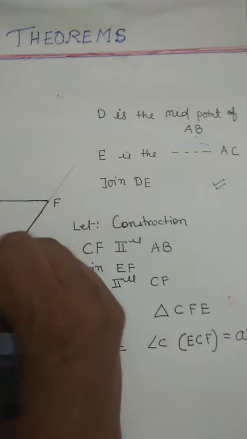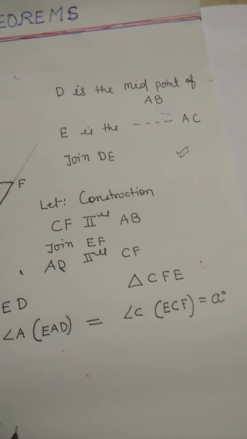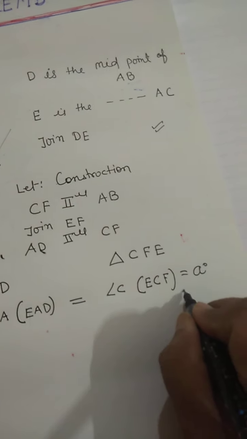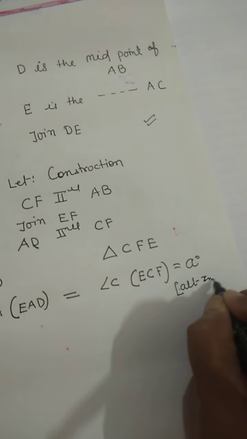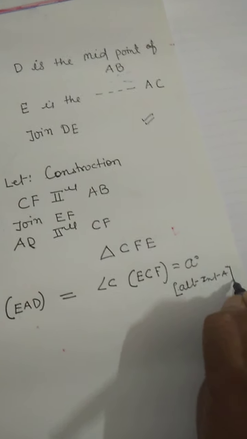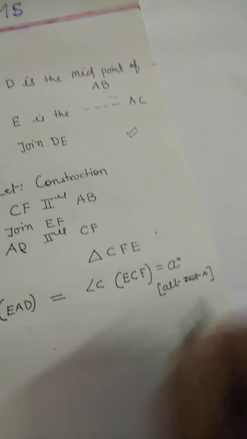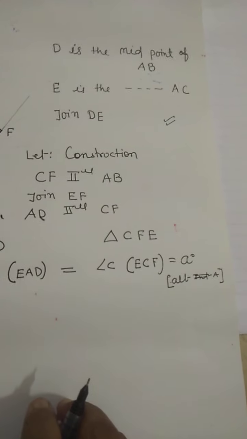This is A, this is A. If you want, you write here alternate interior angle or alternate angle. You write alternate angle, no confusion.